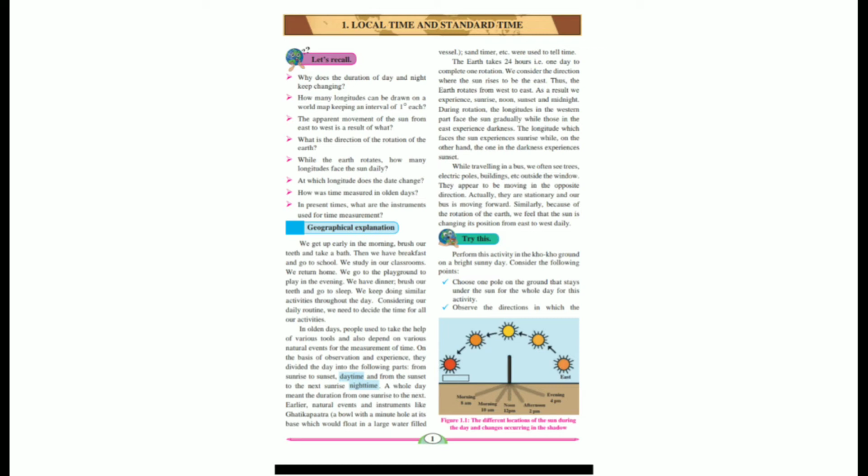Similarly, because of the rotation of the earth, we feel that the sun is changing its position from east to west daily. Like our bus moving, the earth is moving, and it appears to us that the sun is moving. So the sun is not actually moving, the earth is moving, and because of that we feel that the sun is rising from east to west.